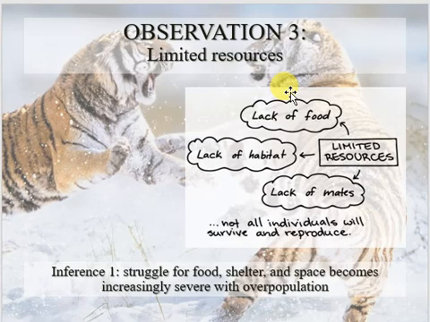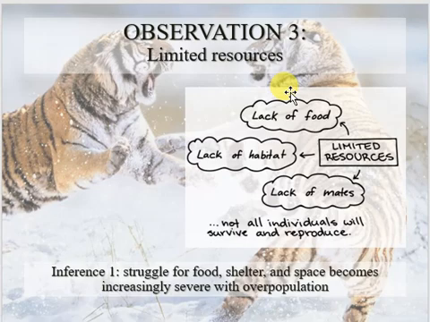So you can really see how observations 1 through 3 are intertwined with one another, right? You have this overproduction of species, so that you have the security that some offspring will in fact survive. And the limitation of resources stabilizes the actual population size and restricts the number of individuals that are able to survive and reproduce to maintain a healthy ecosystem.